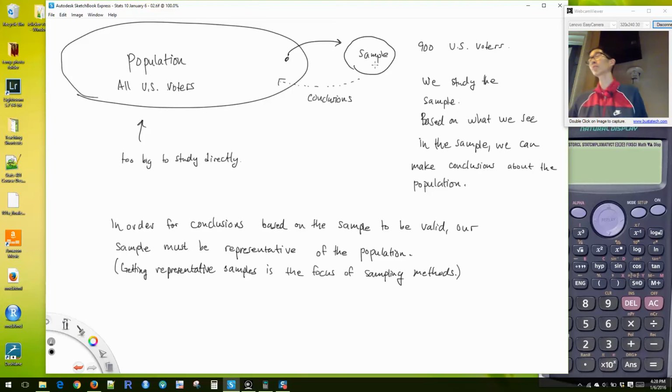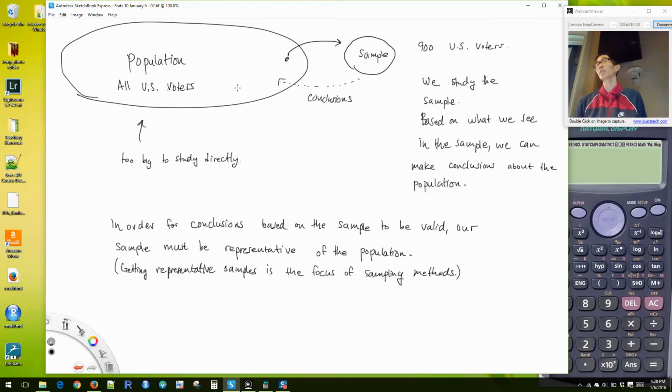But I would argue that this is the big picture, the main idea behind statistics: you've got a question about a big group that we cannot observe directly. Instead of trying to study everyone directly, we study a sample, and based on what we see in the sample, we try to make conclusions about the population, okay?